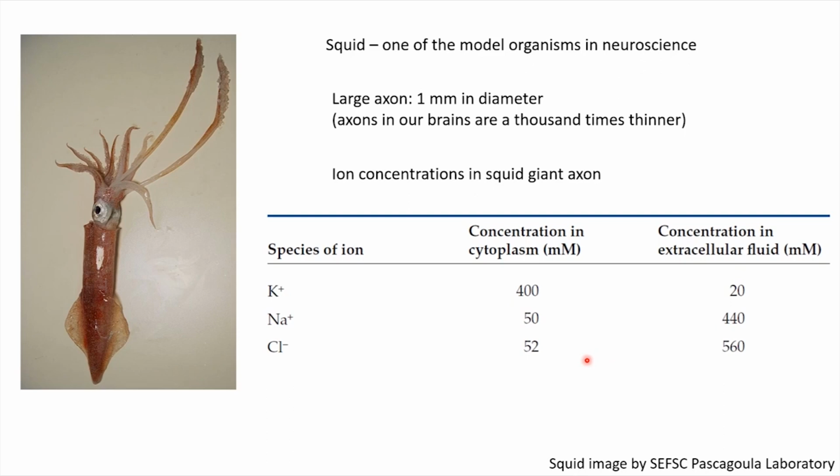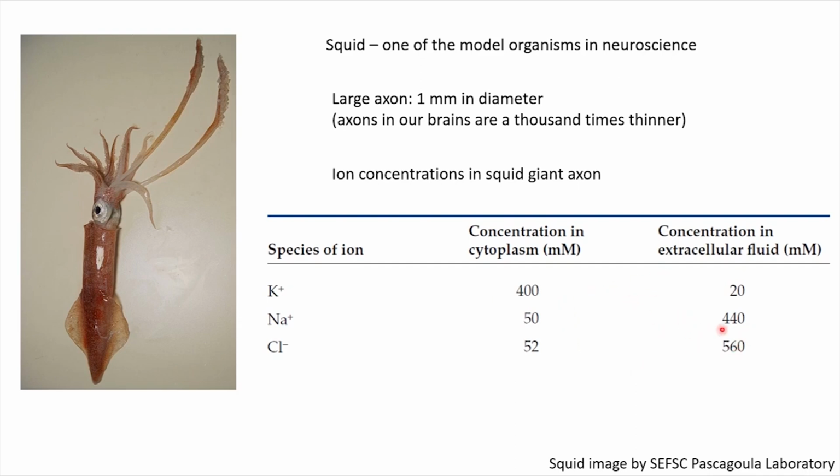But you can appreciate the fact that the ions that are more abundant inside and the ions that are more abundant outside are the same between humans and squids. So we have more sodium and chloride outside compared to inside, and more potassium inside compared to outside, even though these exact values are different from the values that we see in humans. But the relative trend remains the same.